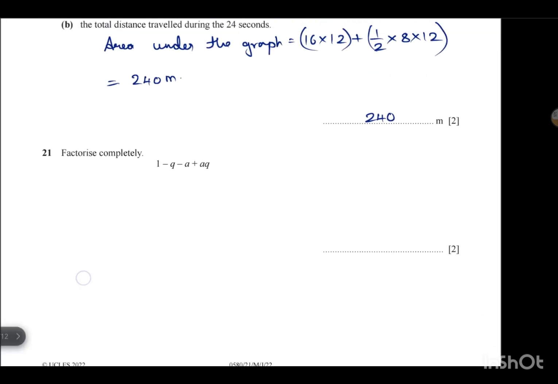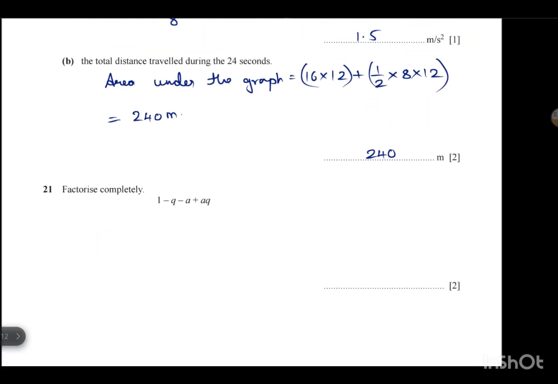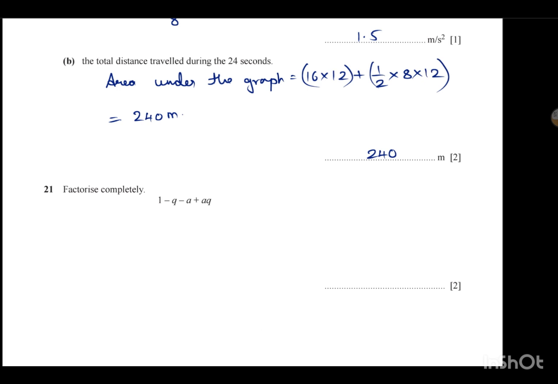Question 21. Factorize completely 1 minus q minus a plus aq. This is the regrouping question, children. So bring the q terms together, minus q plus aq, and the remaining plus 1 minus a.